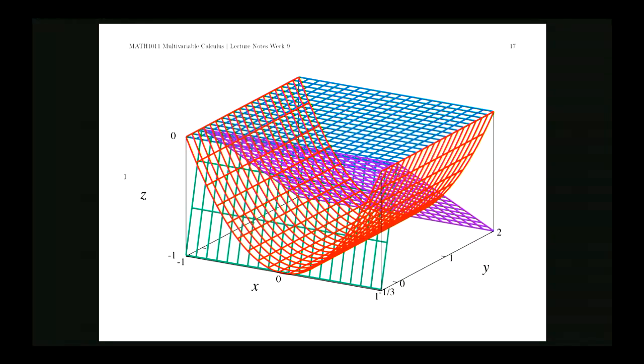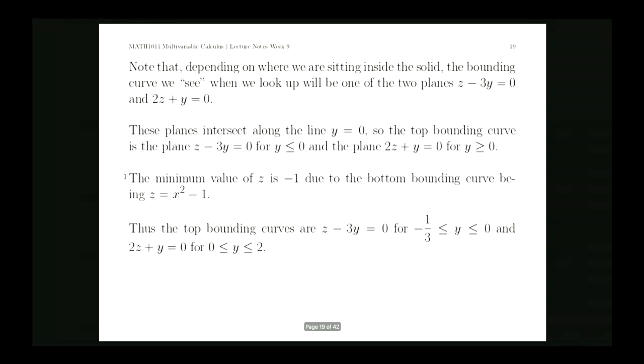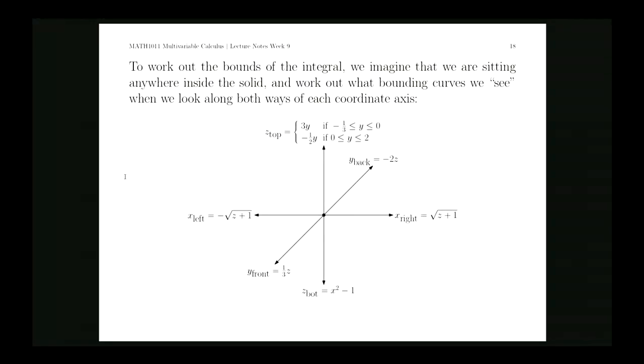Now, say x is left and right, y's coming out, and z's up and down. If I imagine I'm a little bug sitting somewhere inside this solid, I look up, what surface do I see? I look down, what surface do I see? Look right, look left, look forward, look back, what surface do I see? And depending on the diagram, I set it up like this.